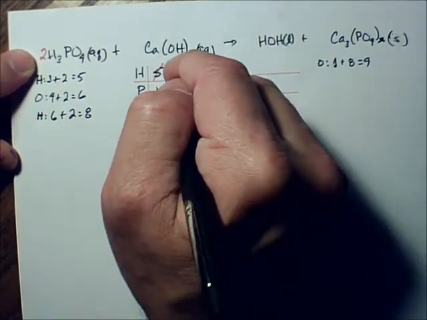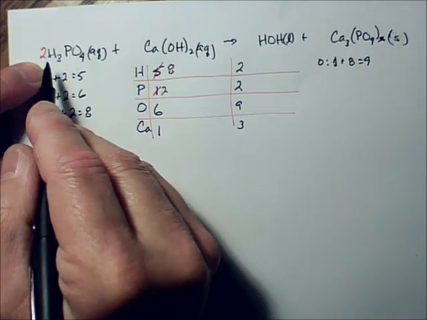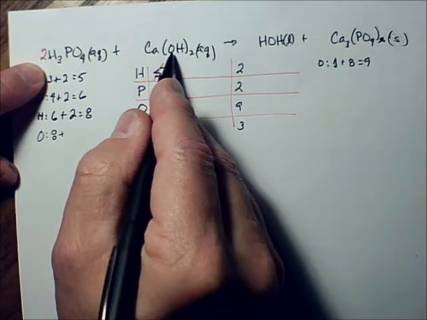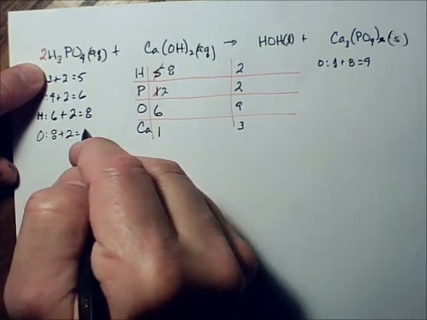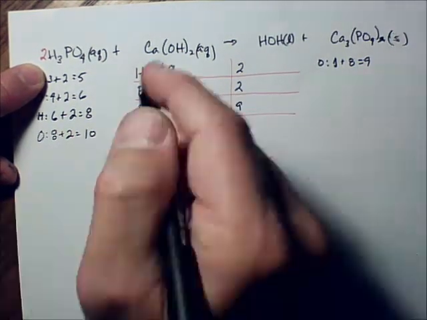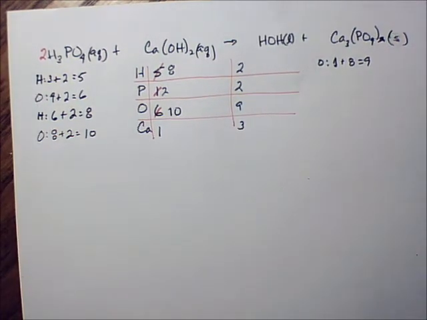And then the oxygens: 2 times 4 or 8 oxygens, plus the 2 times 1 or 2 oxygens. So right now I have 10 oxygens. Okay, the phosphorus is balanced for the moment.